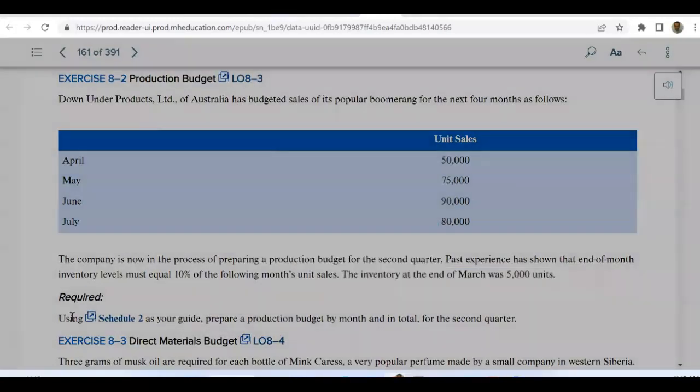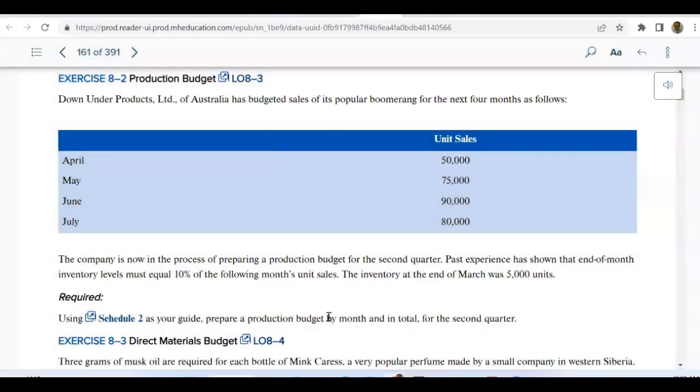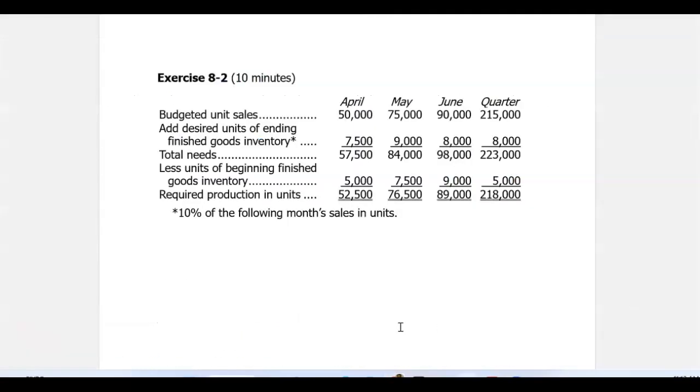Okay, using Schedule 2 as your guide, prepare a production budget by the month and in total for the second quarter. So since we have the budgeted sales data, now we can understand the production budget. The production budget will never exist if you don't know your budgeted sales. Okay, here we go.